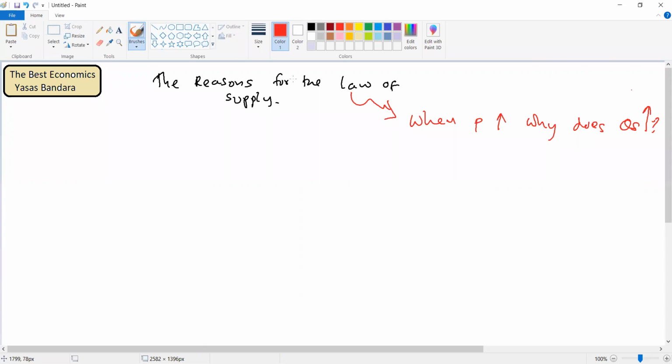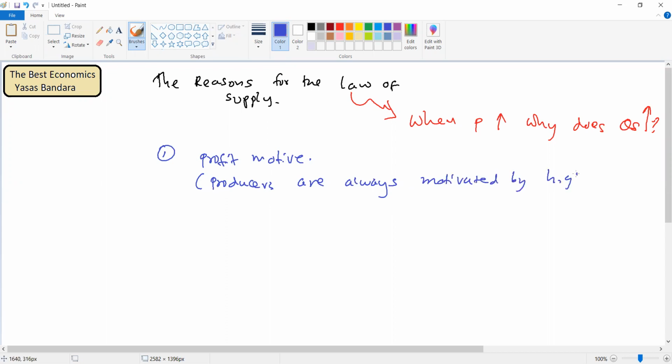Now there are a few major reasons. Let us go one by one. One reason is profit motive. That means producers are always motivated by higher prices.